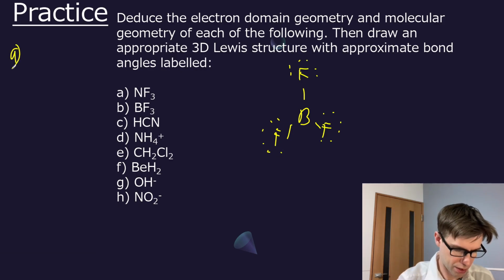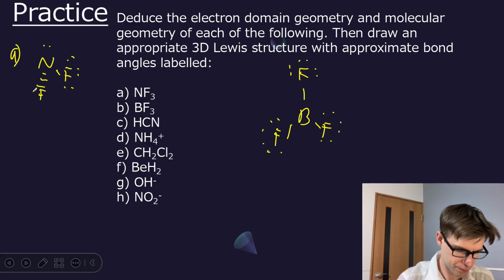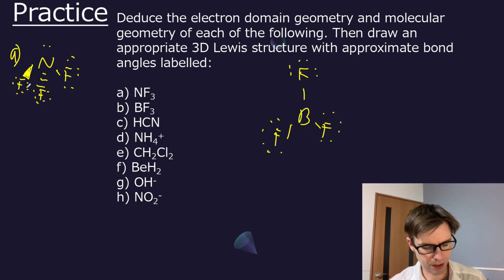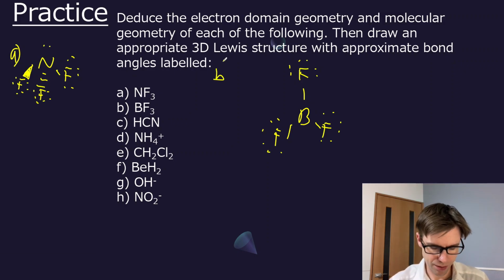So I'll just draw A quickly over here with the lone pairs. If you're technically drawing a Lewis structure, you've got to have all the lone pairs. Okay, it can get a little bit messy with all these dots, but then back to B here.